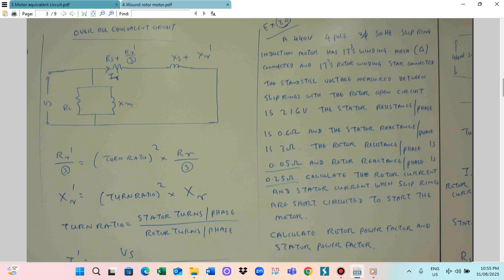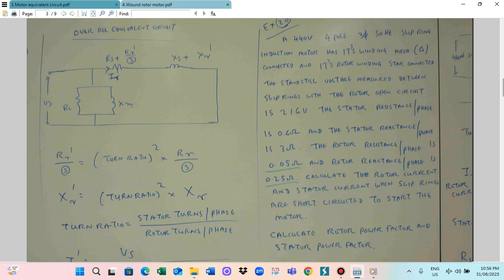Supply voltage 440 volts, and then this one will be the rotor. So this is the rotor winding, this one will be the E2. The stator line voltage is 440 volts, and the rotor winding voltage is 216 volts.